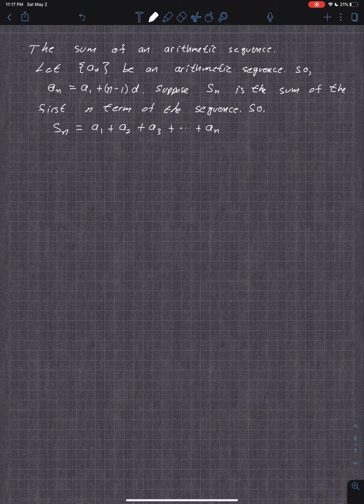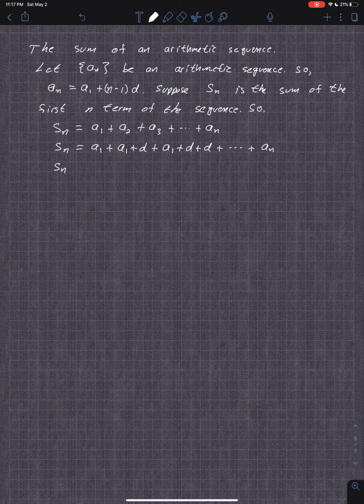All right, so this is equal to a1 plus d plus a1 plus d plus d plus, and you keep going in that manner, plus all the way to a sub n. We're not going to write that one out. So that's s sub n.